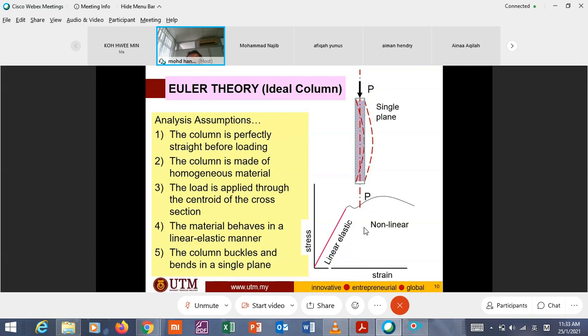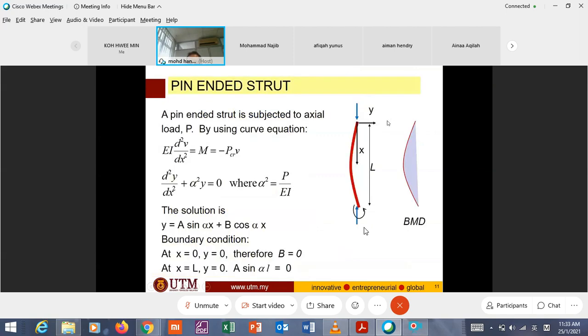This is double plane, and this is not the assumption. There is a possibility that it will buckle in double plane, but that needs greater loading. We want to find the smallest loading, so it must be assumed as single plane.